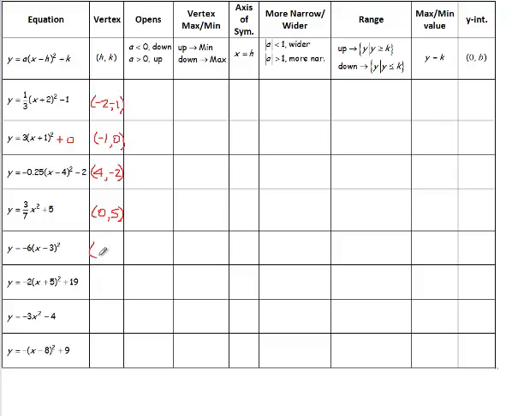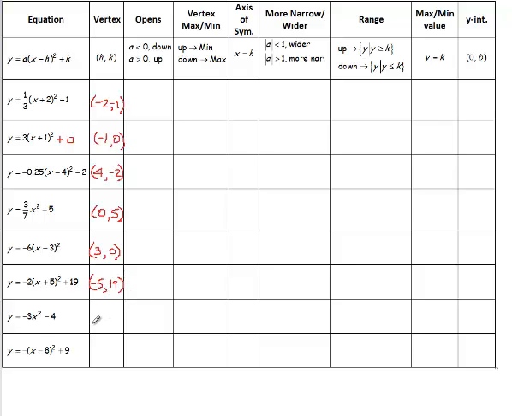Next one, we see negative 6 outside of (x minus 3) in brackets. So that means the 3 is the x coordinate. Now there's no added or subtracted y value here, so the y value is understood to be 0. Next one, we have negative 5 and positive 19.